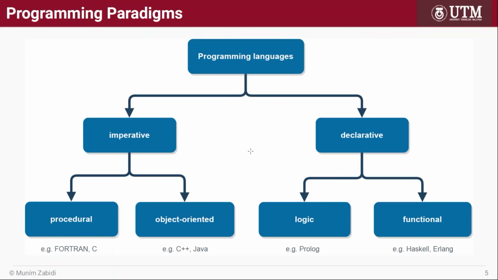Actually, logic I don't know much. What makes it a logic programming language? But in functional languages, you write a program in terms of functions, like f(x) = sin x, something like that. So the whole program will look like that.